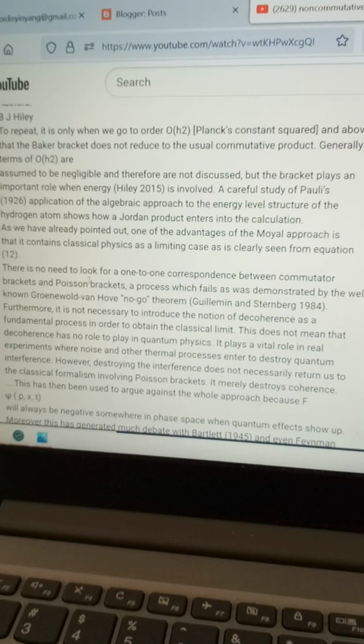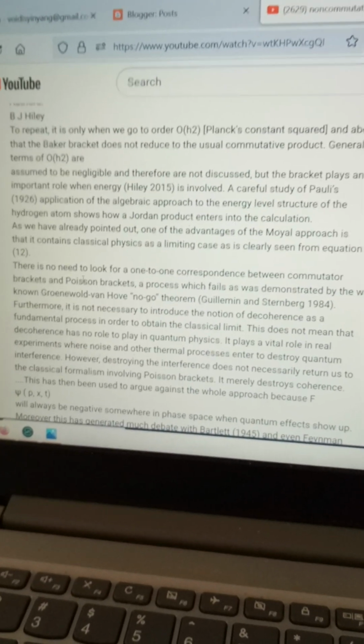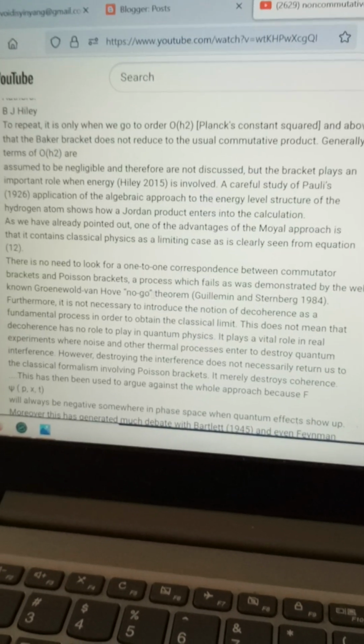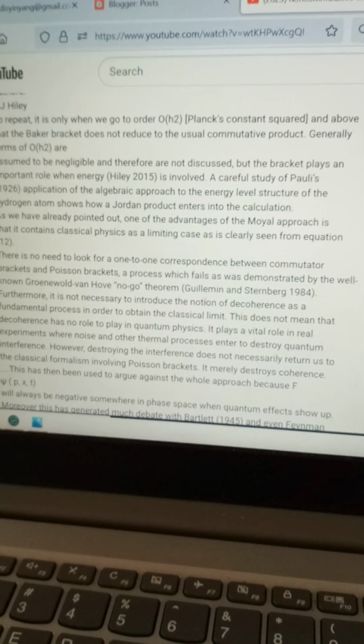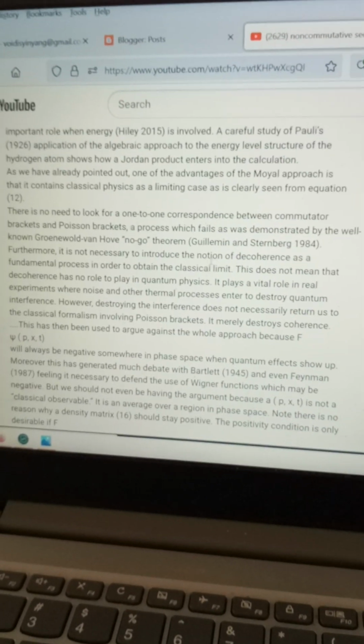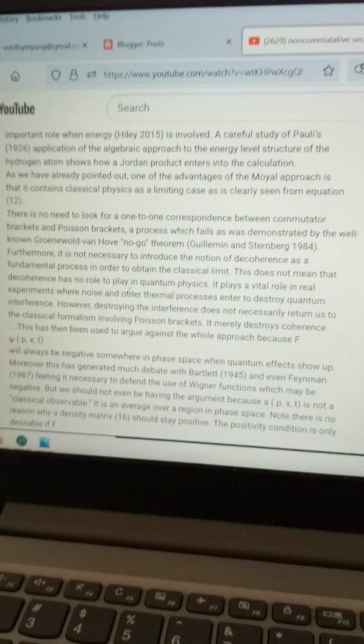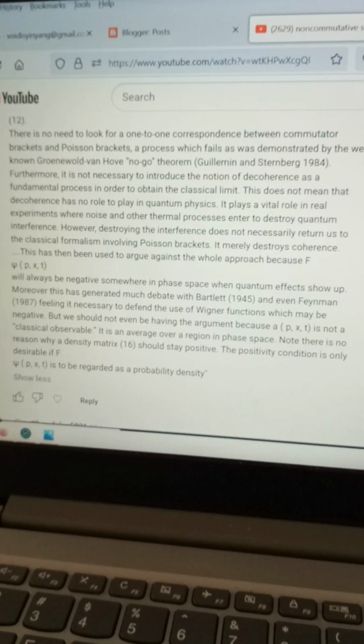There is no need to look for a one-to-one correspondence between the commutator brackets and the Poisson brackets, a process which fails. Furthermore, it is not necessary to introduce the notion of decoherence as a fundamental process in order to obtain the classical limit.